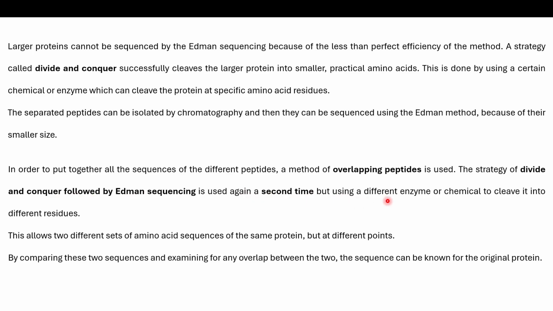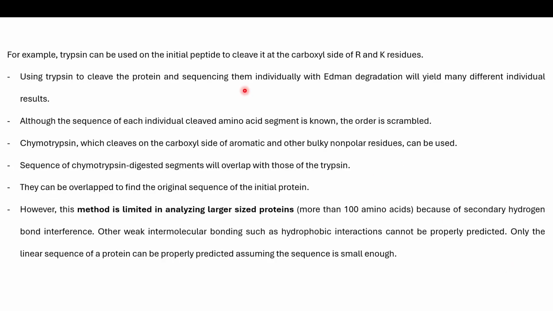A second time, you use a different enzyme or chemical to cleave at different residues, and you have two different sets of amino acid sequences of this same protein, but at different cleavage points. By comparing these sequences and examining for any overlap between the two, you can eventually deduce the sequence for the original protein. For example, trypsin can be used on the initial peptide to cleave at the carboxyl side of arginine (R) and lysine (K) residues.